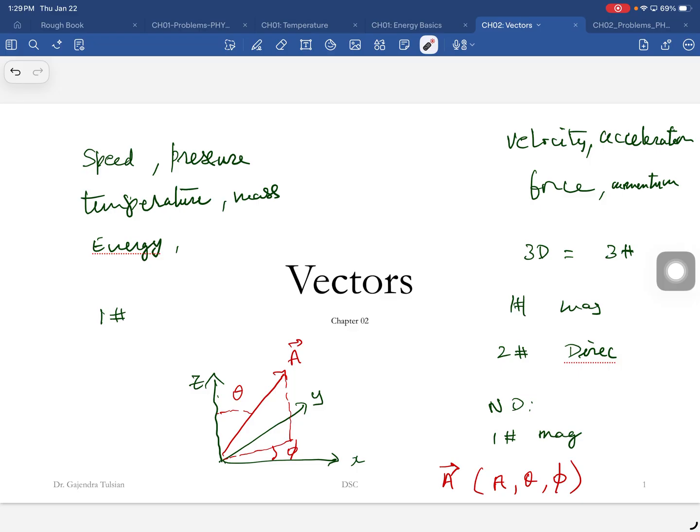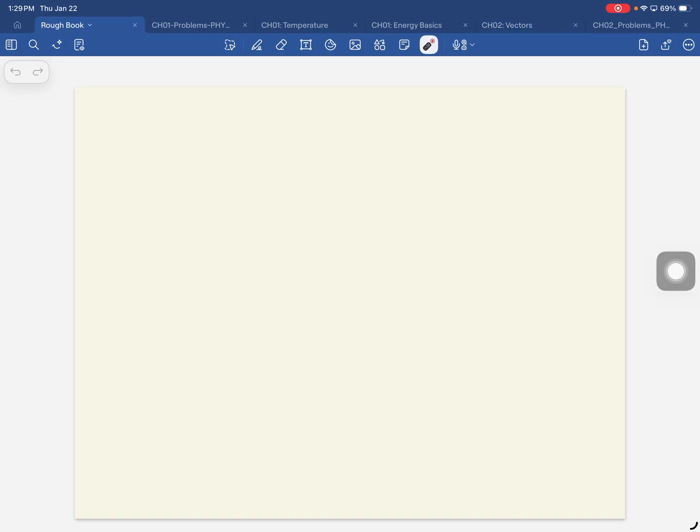If somebody asks you to add these two vectors, here's the rule: you take the tail of the second vector and place it on the head of the first vector, and the sum is this vector.